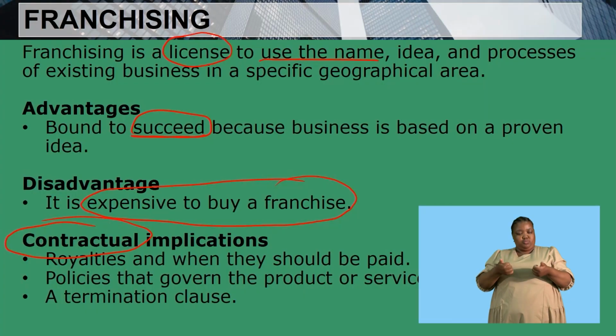So it means that when I have finally got the franchise, I need to pay the royalties to the owner of the franchise. This is the amount that is stipulated in the contract that must go to the owner of the original business.